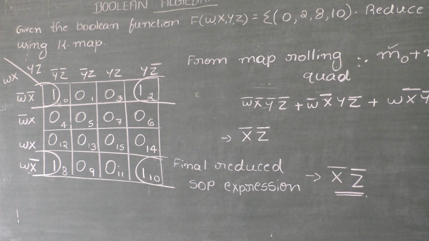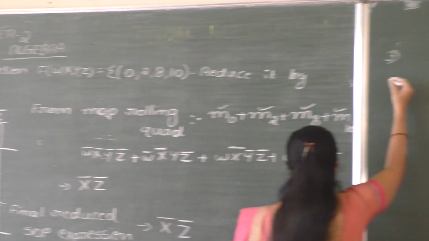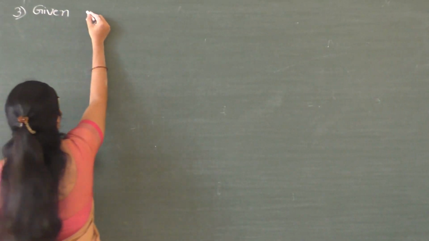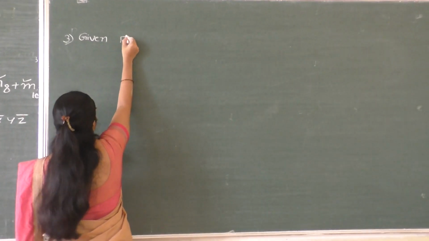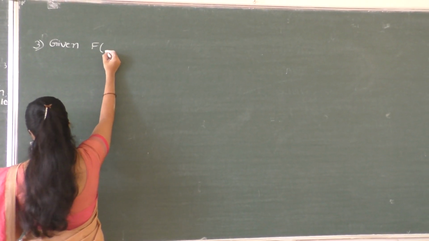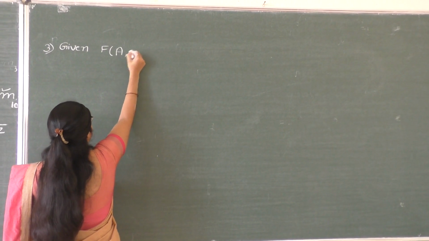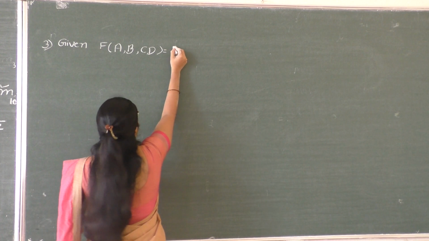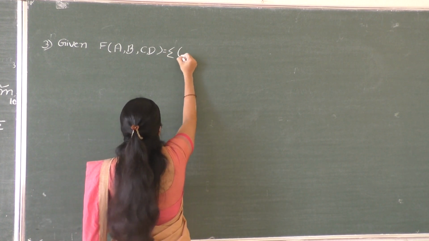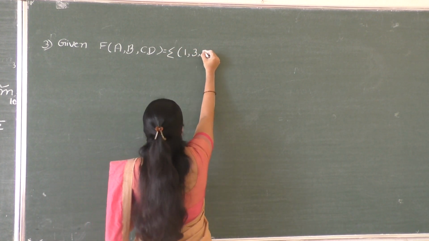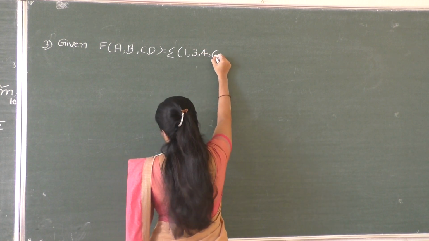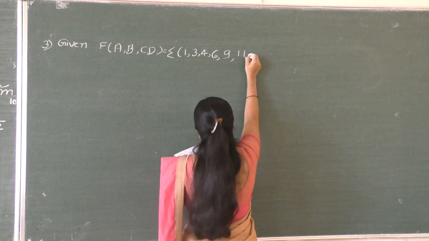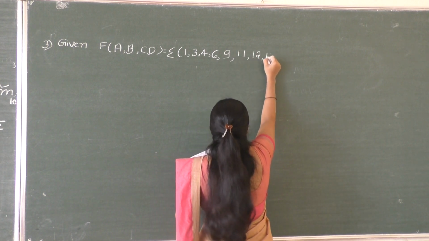Next we shall see how to form quads using map rolling. Given f of A B C D is equal to sigma of 1, 3, 4, 6, 9, 11, 12, 14.